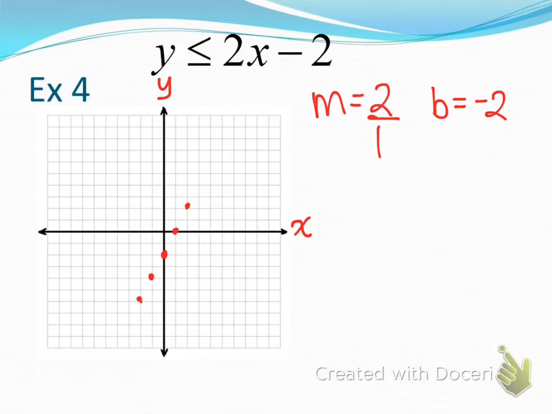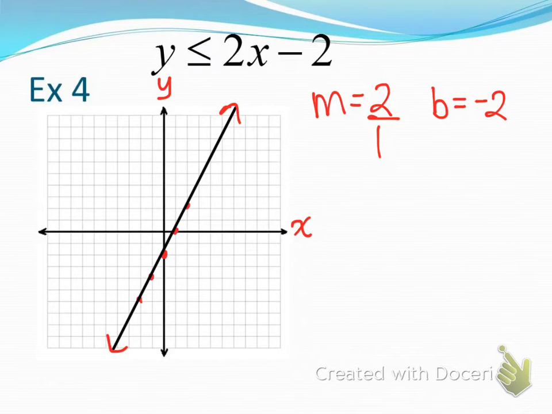All right, then once we've got some points, we have to decide, should the line through those points be solid or dashed? Jeriel, what do you think? Solid. Very good. We've got that equal to bar. That means we want a solid line through those points, going all the way through our graph. I'm not doing a great job hitting that. There we go. All the way through the graph, solid line.